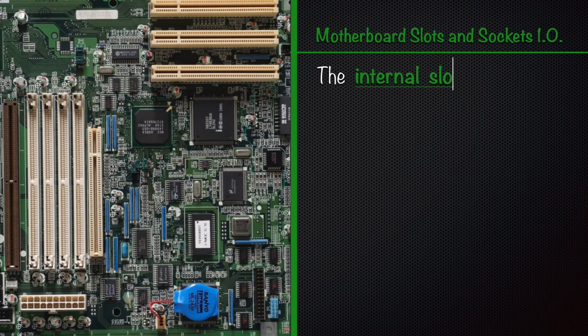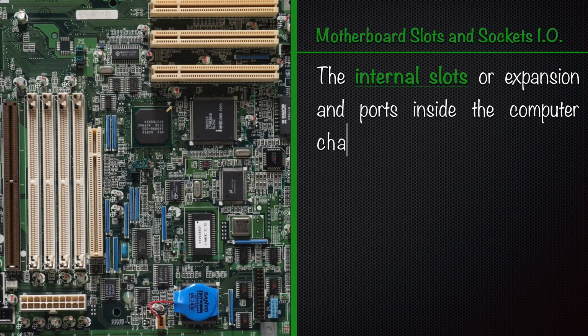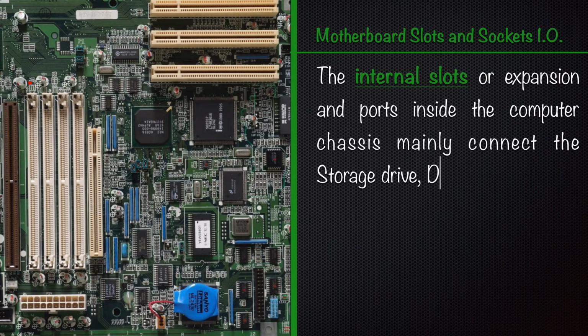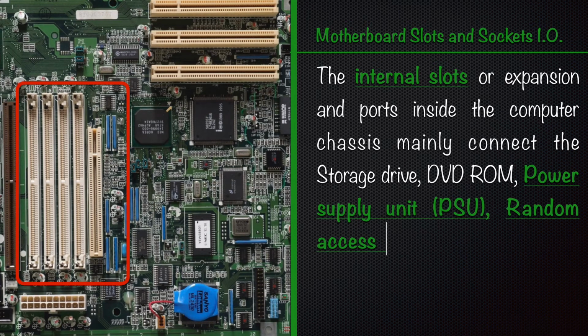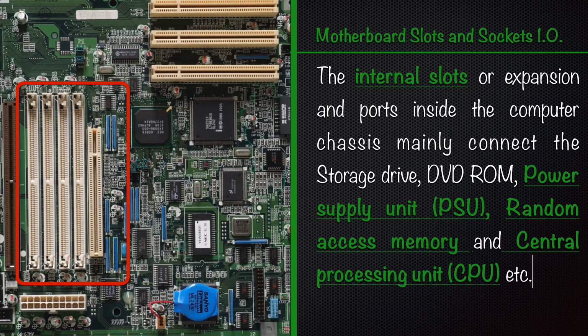The internal slots or expansion and ports inside the computer chassis mainly connect the storage drive, DVD-ROM, power supply unit, PSU, random access memory, and central processing unit, CPU, etc.